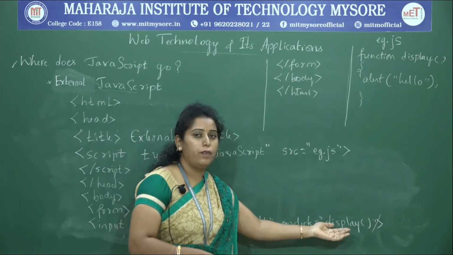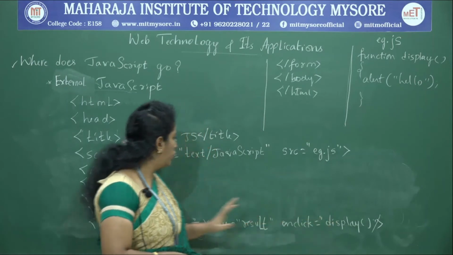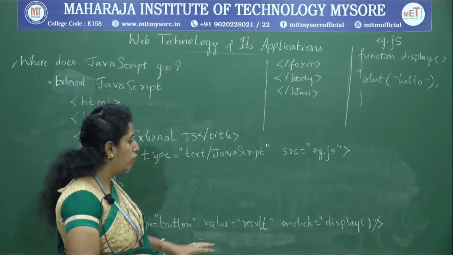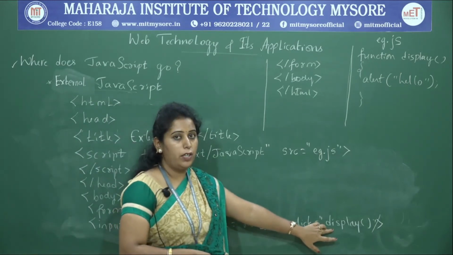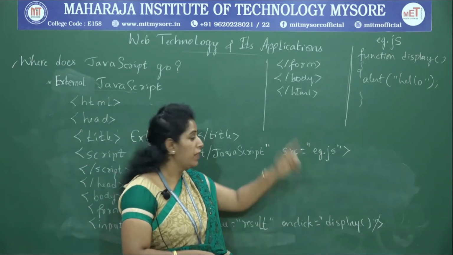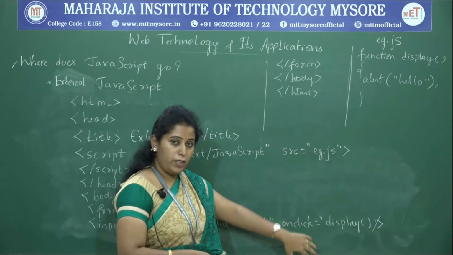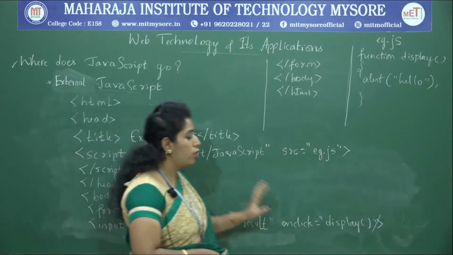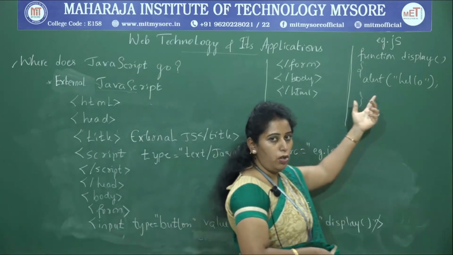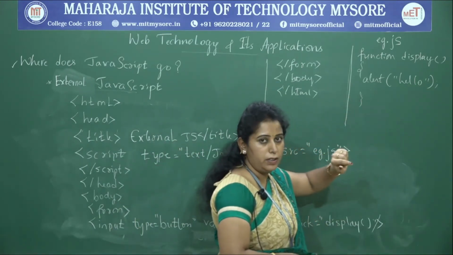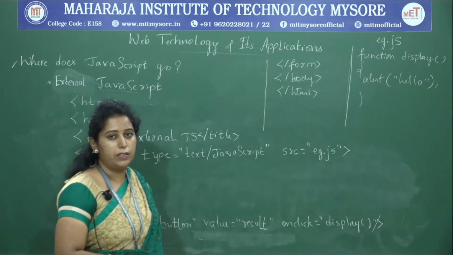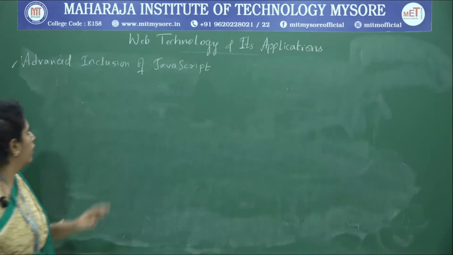There it is calling a function display. This function display is not written anywhere inside our HTML, right? So this is a function which you are calling from your external file. That external file is included in your HTML. This is what external JavaScript is. So now the display function is called, and it prints a hello message. This is how external JavaScript works.